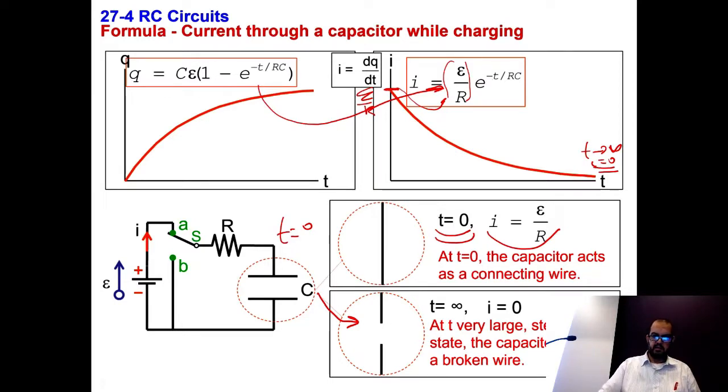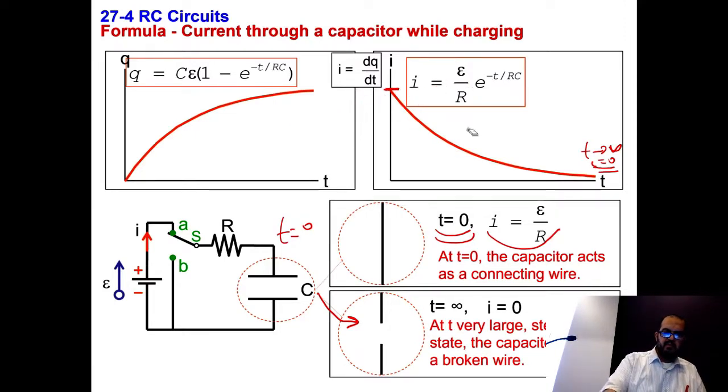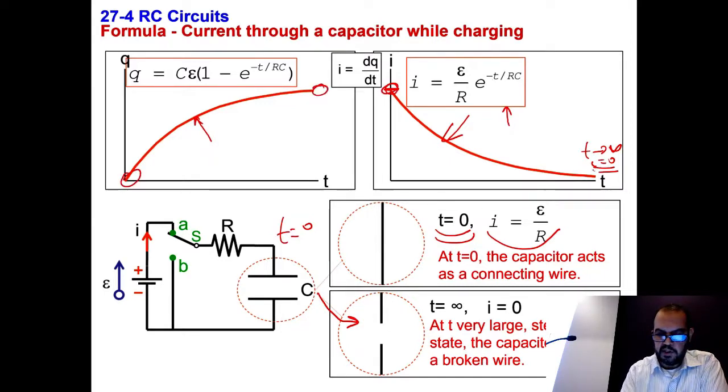Okay, we will do maybe a couple of examples of this. So this is very important. The nice thing is we have the mathematical equation of the charge, and we have the mathematical equation of the current. But sometimes we are not interested in the values here. We are interested in the values right here, or when t approaches infinity. So you can do a simplification. If you are doing it at t equal to 0, you can assume the capacitor is a short, just a connector, and solve.